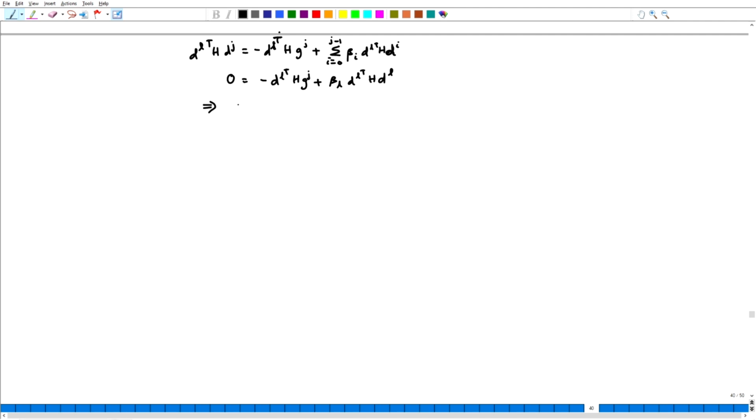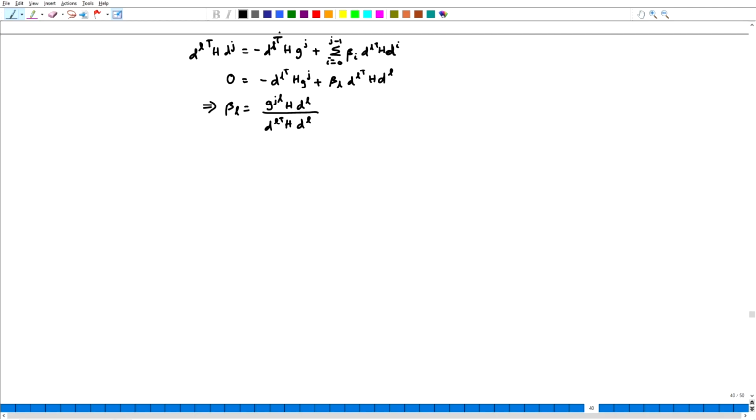So, therefore, beta L is dL transpose H gj by dL transpose H dL. Or in the numerator I can take a transpose, nothing is lost by that. So, I will write it as gj transpose H dL.